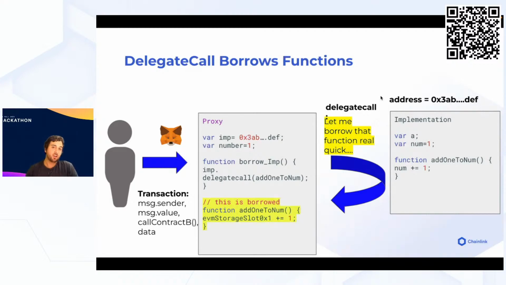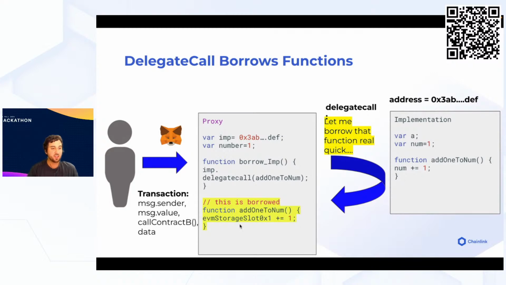Now, remember what I said earlier, that in the back end, in these smart contracts, they really don't know variable names. They know slot numbers, and the Solidity compiler takes care of that for you, right? So when it borrows the function add one to num, it's not actually going to have this num plus equals one like it is here.